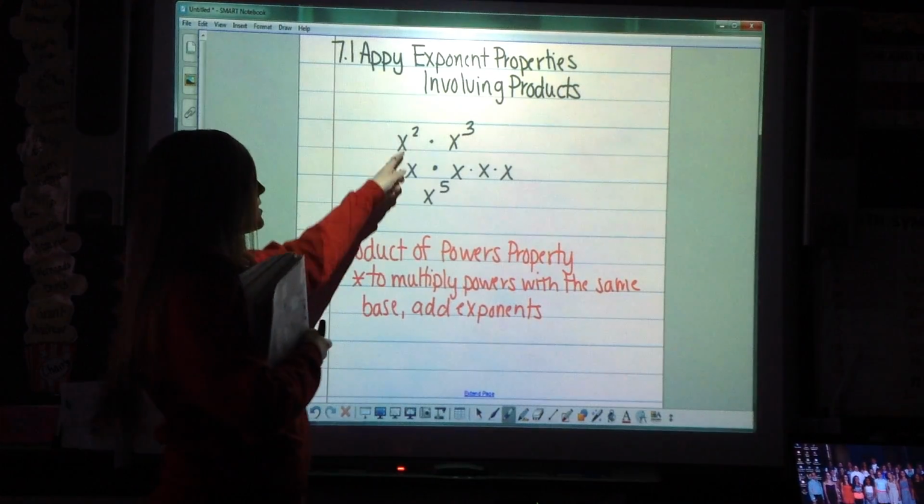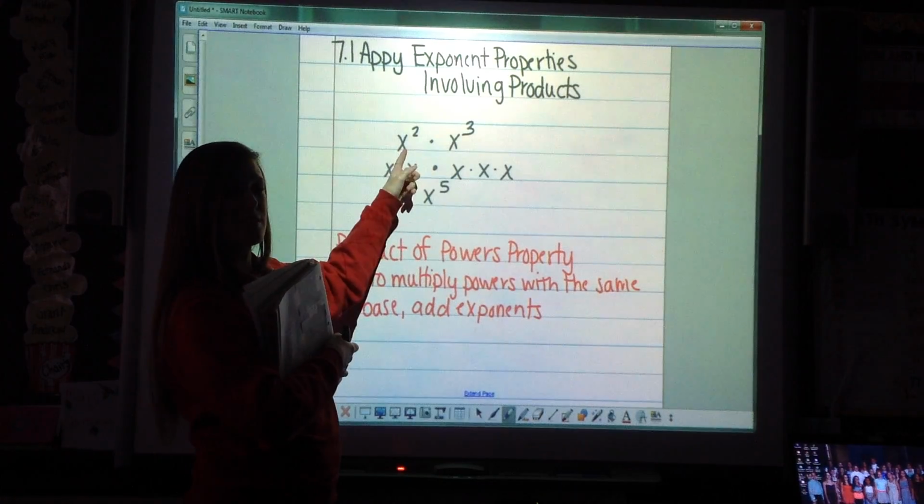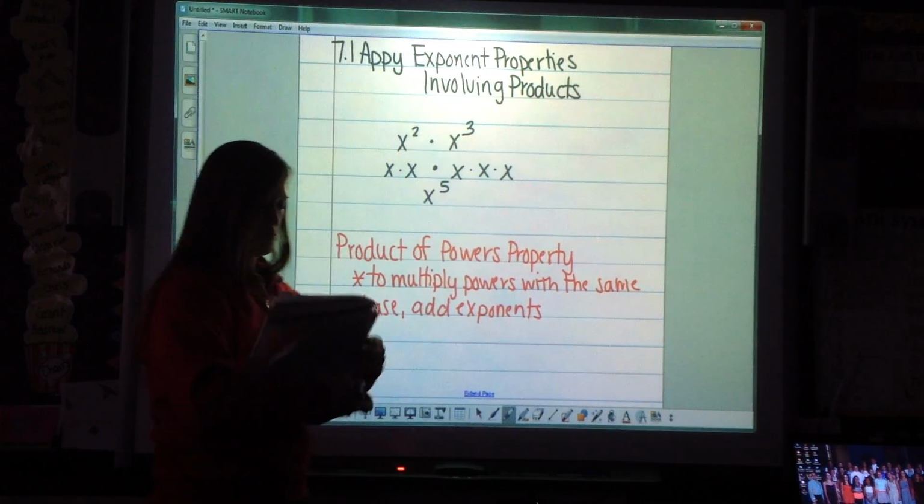Okay, so instead of breaking each of these down, if you see that two terms have the same base and they're being multiplied, you add their exponents.